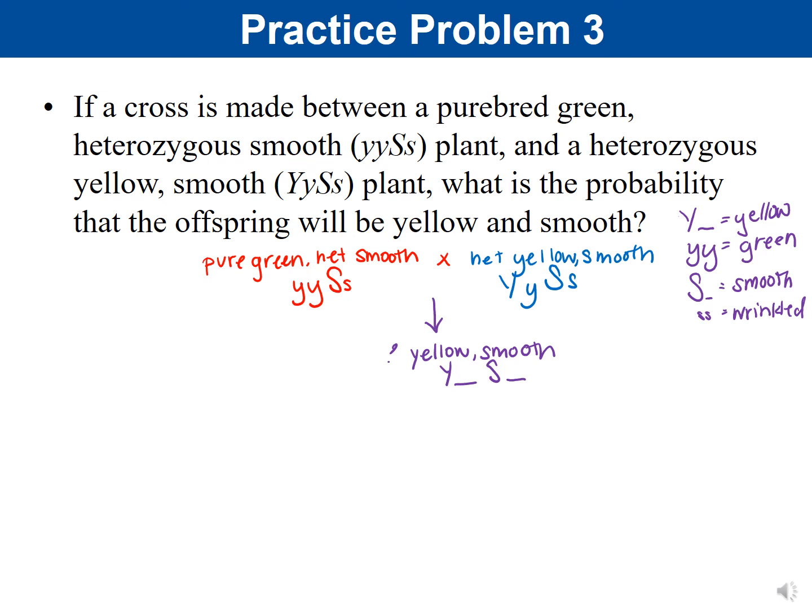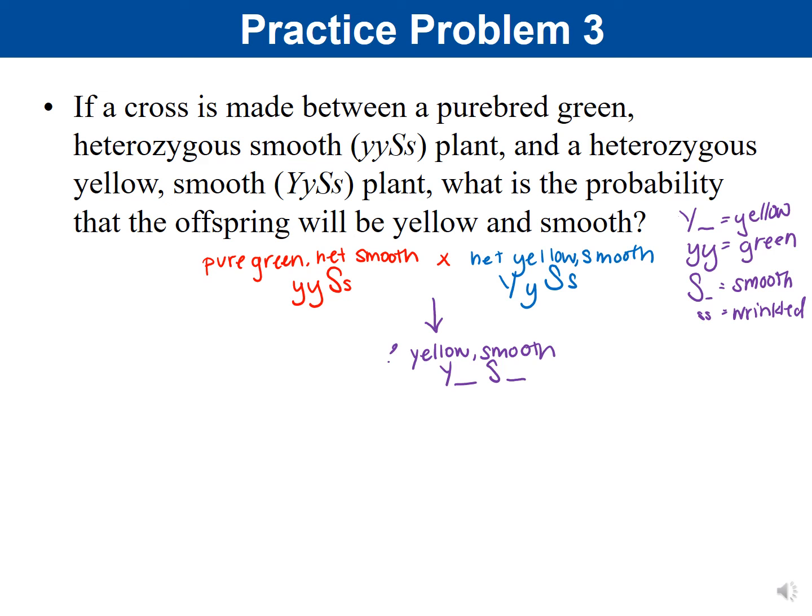Now notice we're using two different letters. We have Y's and we have S's. Those are two different genes, and again, we are assuming independent assortment. The Y's line up separately from the S's during meiosis, just like that diagram we showed of the way that they can line up differently.